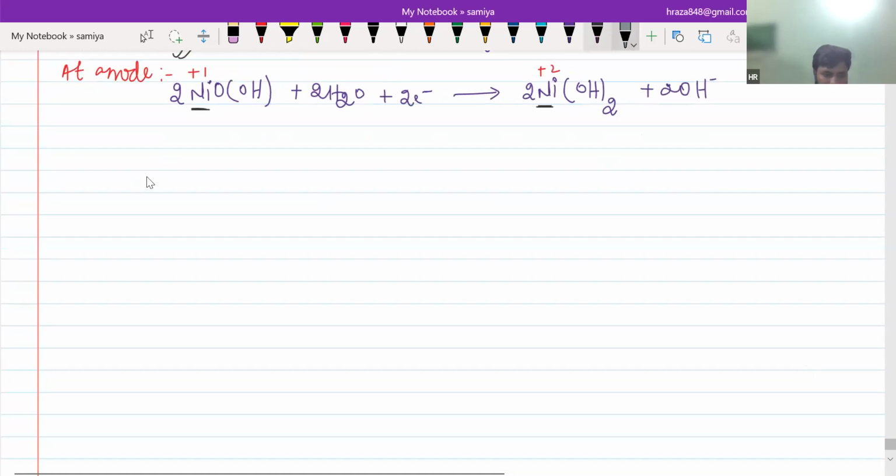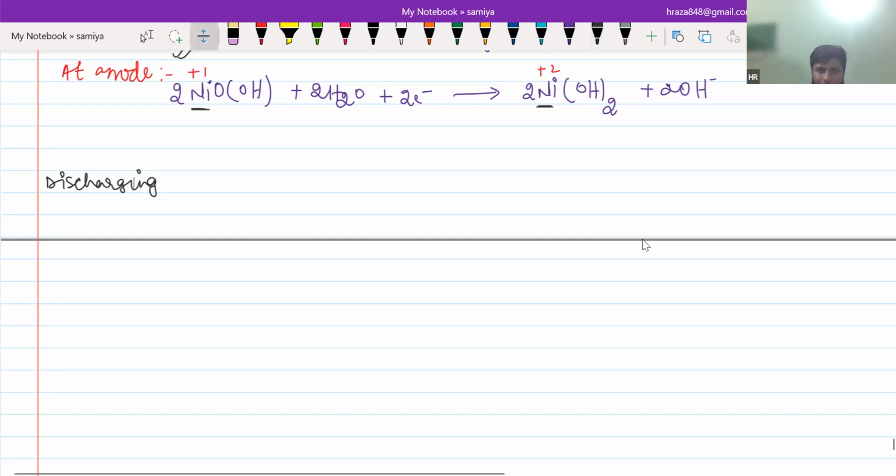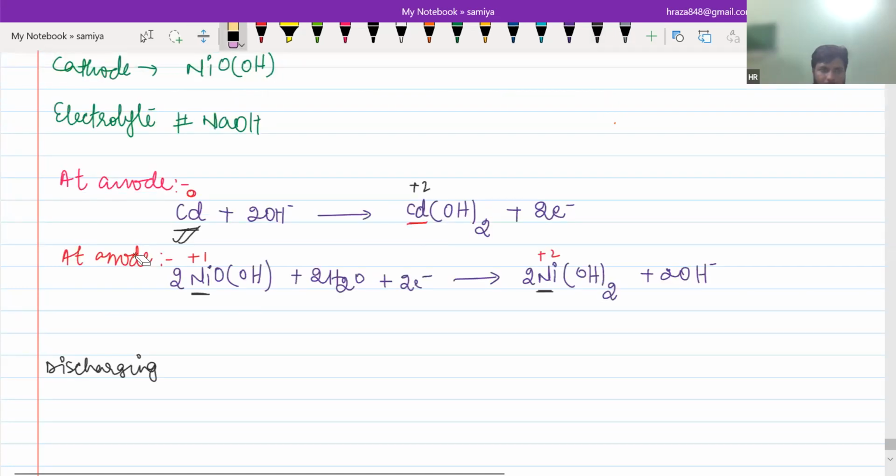Again, if I'm going to write the reaction for discharging, what will it be? Whatever the net cell reaction is, that means at anode and at cathode. I also wrote here anode. This is cathode.